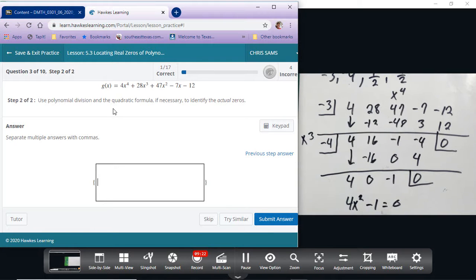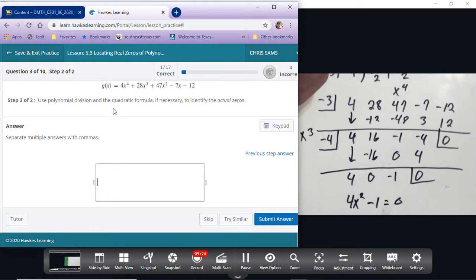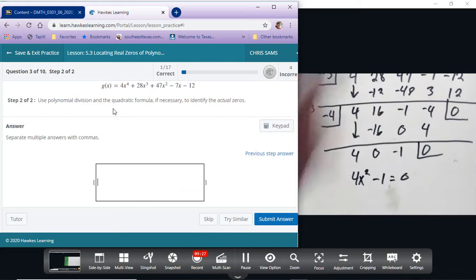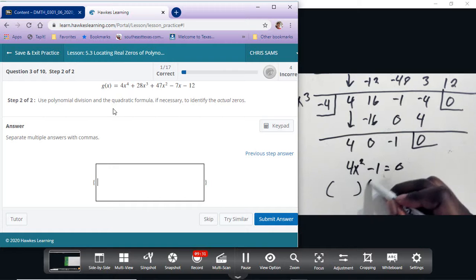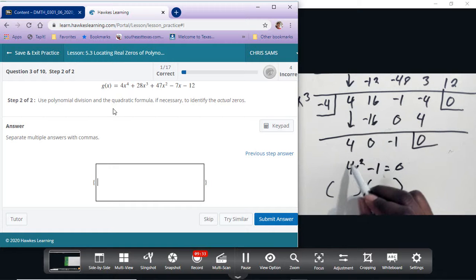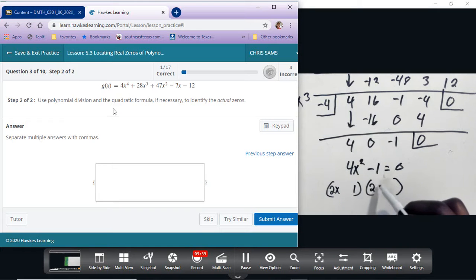Alright, so what I'm noticing is a difference of squares. Formula will apply here. Difference of squares. So we can factor this by taking the square root of 4, which is 2x, and then that is 1, and then 2x and 1 again, and 1 with a positive and 1 with a negative.